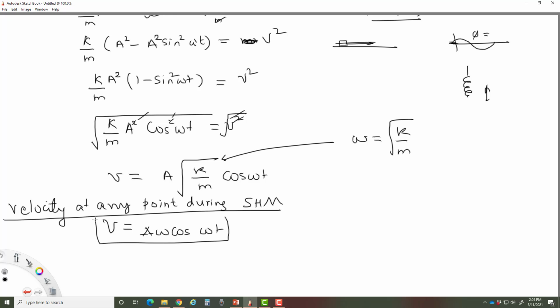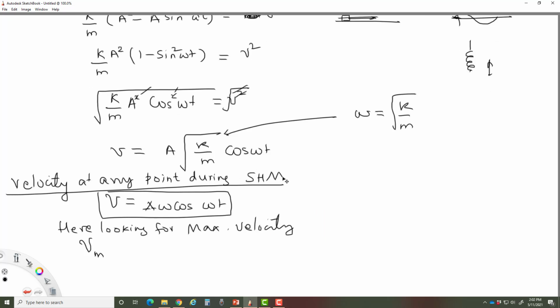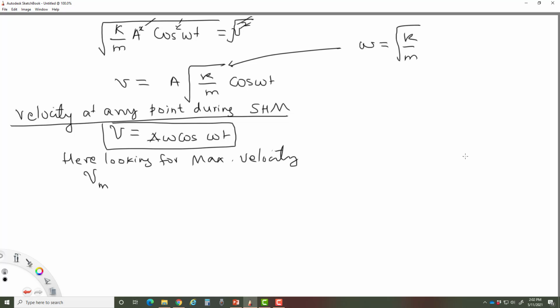But now we want to find the maximum velocity, and we get the velocity to be maximum when cosine omega t is 1. Cosine omega t can have any value between 0 and 1, but anything in between won't give us the maximum value.